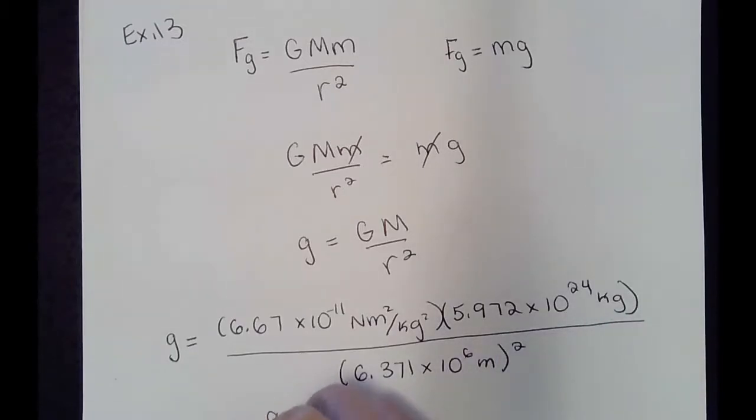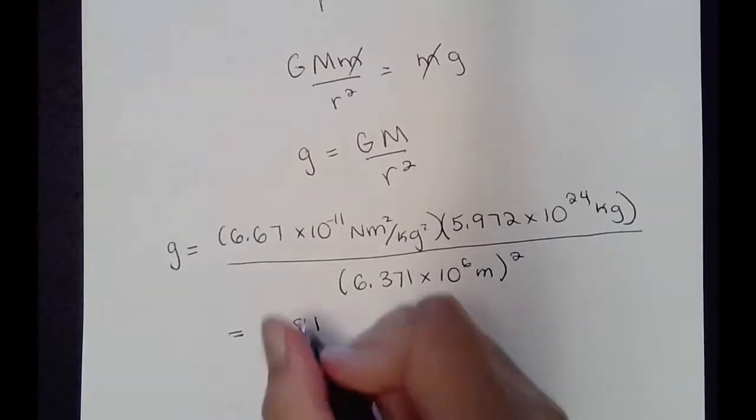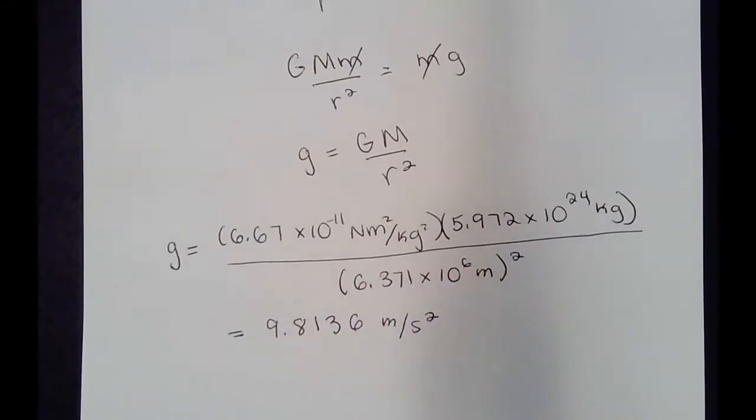And that gives me 9.8136 meters per second squared. So we can see that g, the local gravitational field strength, does depend on the altitude above Earth's surface. This is right at Earth's surface for Earth's average radius, but it will depend on the altitude at that point, and then it would change at any height above Earth's surface.